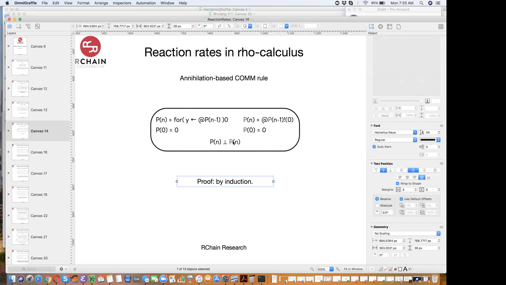And now it's easy to see that P of n annihilates negative P of n. And the proof is by induction, right? 0 annihilates 0, and then your induction step is assume that P of n annihilates negative P of n, and then prove that P of n plus 1 annihilates negative P of n plus 1.